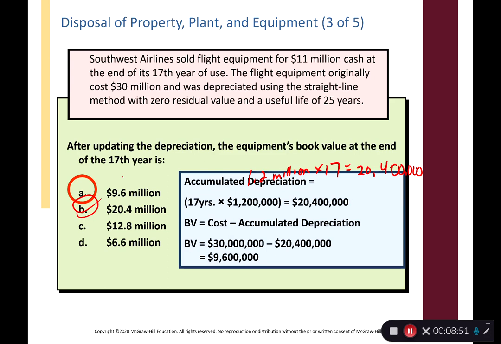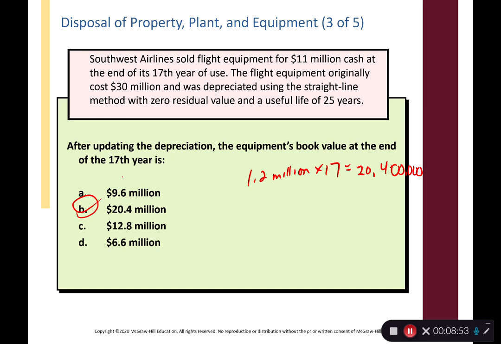And then the next step would be to calculate the book value. So I jumped the gun and circled my 20.4. So to get the book value, the book value would be my cost minus my accumulated depreciation. The cost is 30 million.